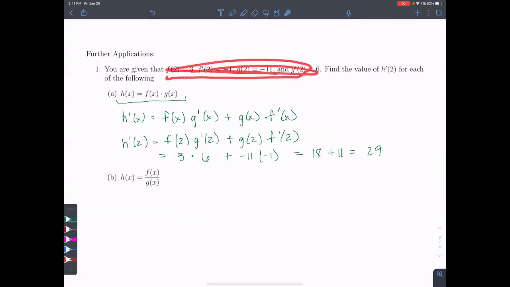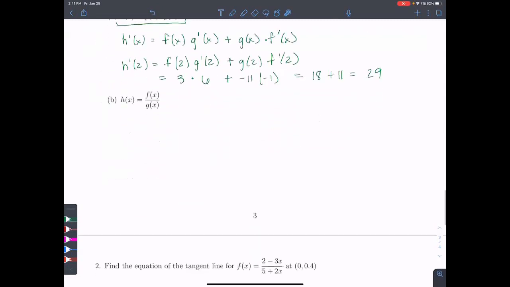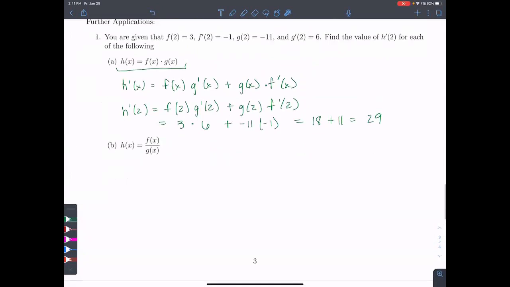Just set it up with the rules for how h is defined, how the derivative of h is defined, and go from there. And you can do basically the same thing with b. You have h prime of x would be g times f prime, so low d high, minus high d low over low.